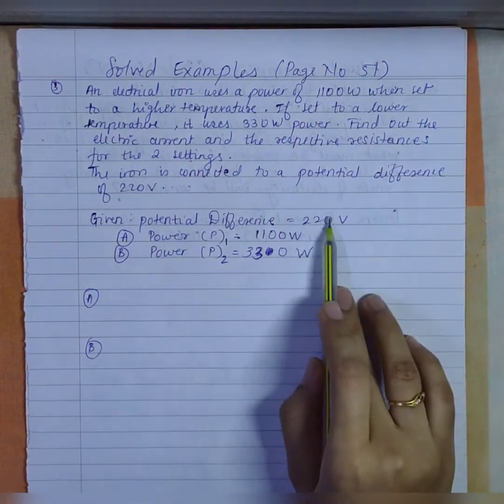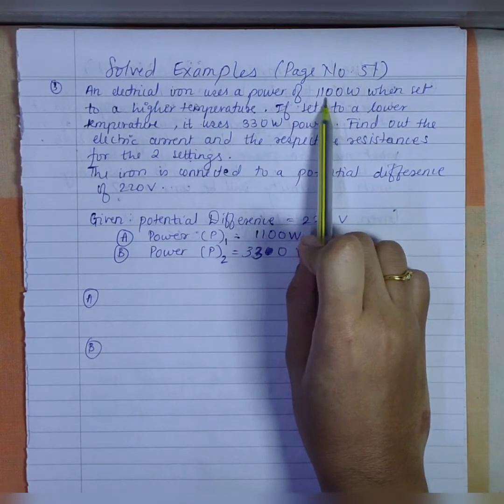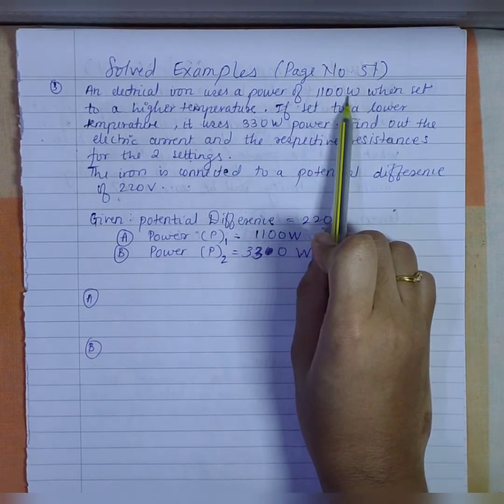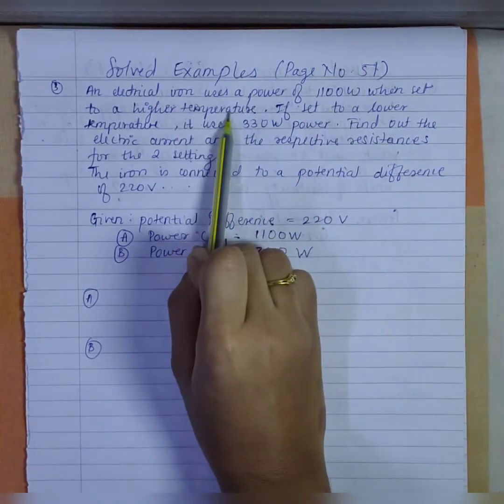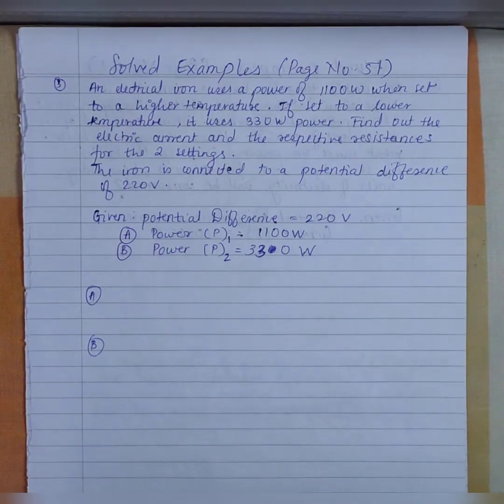Now I have already written down what is given in the sum. It has given the power for higher temperature. You must have observed in your houses that the iron has 2 or 3 settings, that is for cotton, for silk, for nylon, and for those type of cloths, there is a different temperature that is internally set when you rotate that knob.